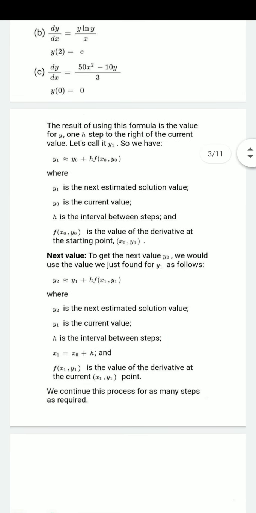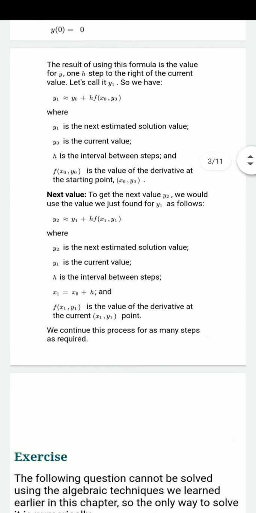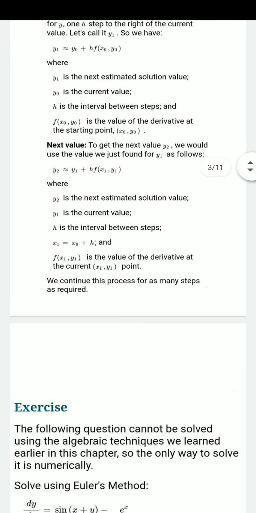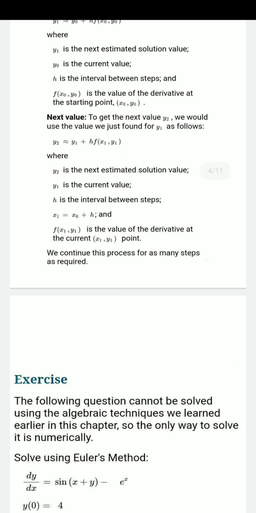Again, y2 is the next estimated solution, y1 is the current value, h is the interval between each step, x1 is equal to x0 plus h, and f(x1, y1) is the value of the derivative at the current point x1, y1. Continuing this process, we will get y3, y4, y5, etc. These are the approximated solutions.